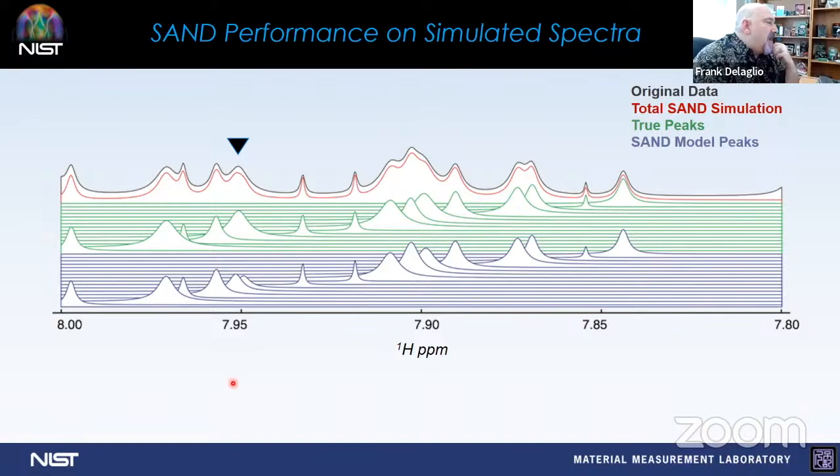One thing that's common, regardless of whether an automated method or a human-based inspection method is used, is that there will be cases where a peak that is known to be a single signal will be decomposed into more than one signal. Here's a case where that happened.